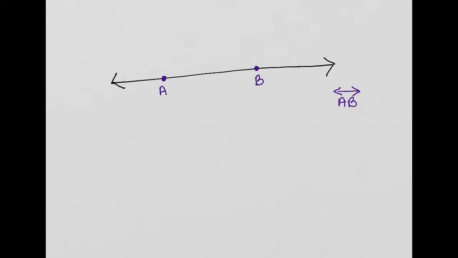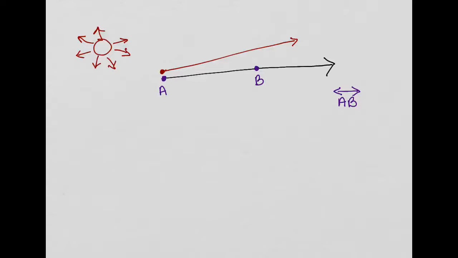Sometimes we want to just talk about the ray part of it. So a ray, just like when you have the sun and the sun has rays coming out from the sun, a ray on a line starts at a starting point, and then it goes one direction.